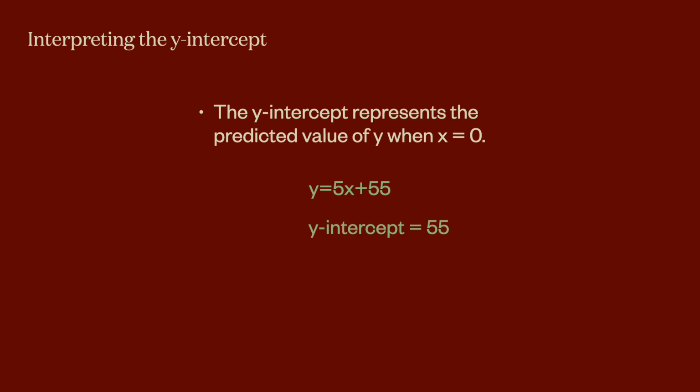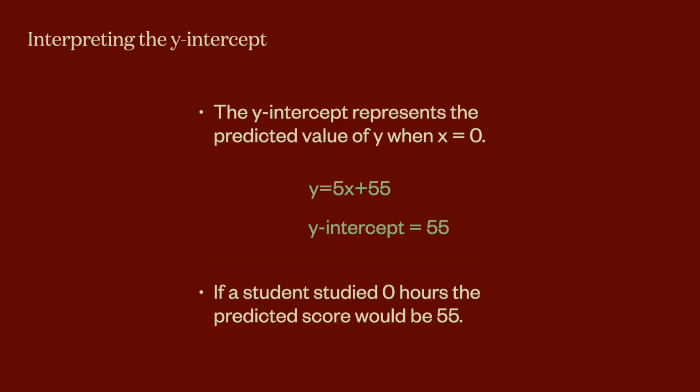And the answer is points, 55 points, and it is the value of a test score for someone who studies for 0 hours. When x equals 0, and in this problem x is how long you study, if someone studies for 0 hours, the predicted test score would be 55.